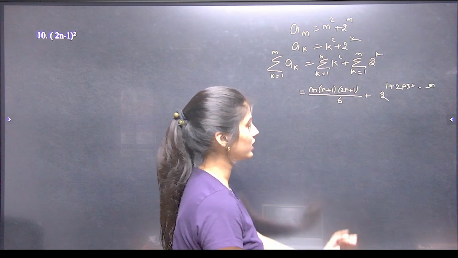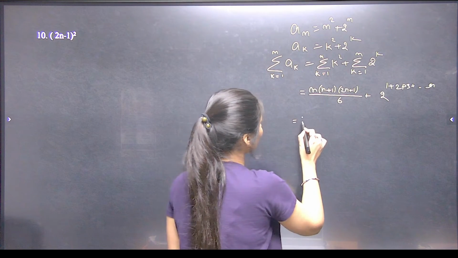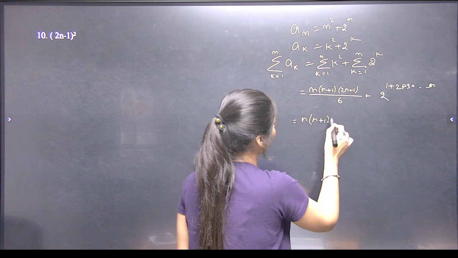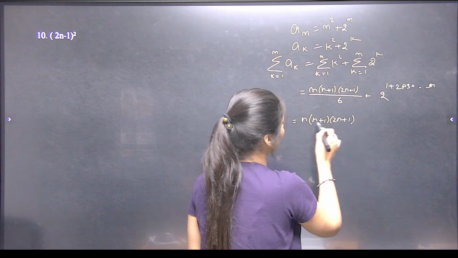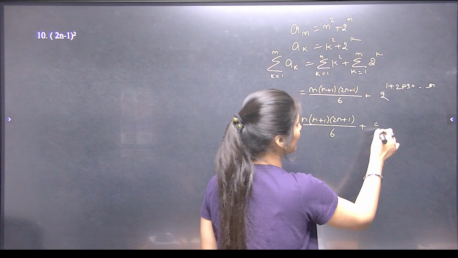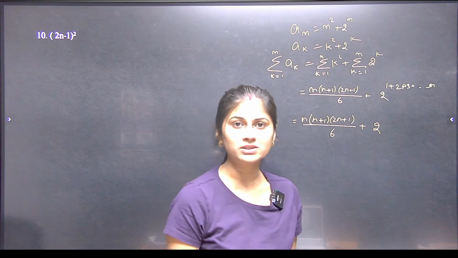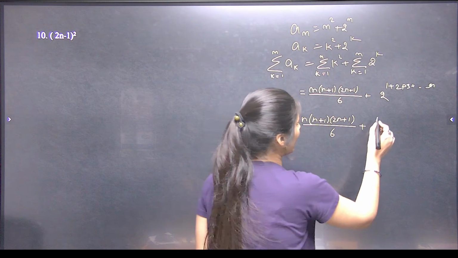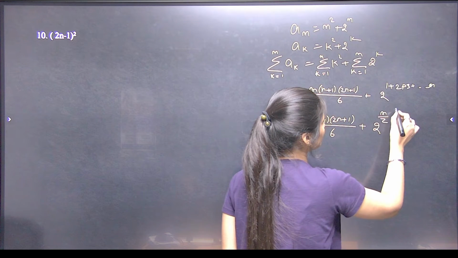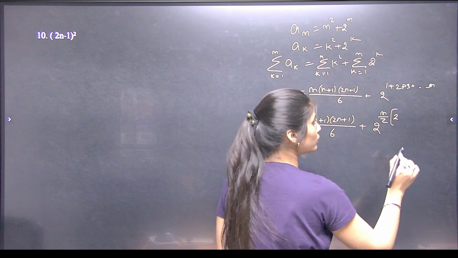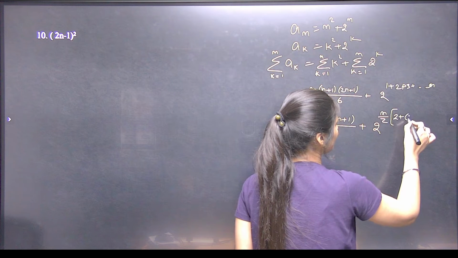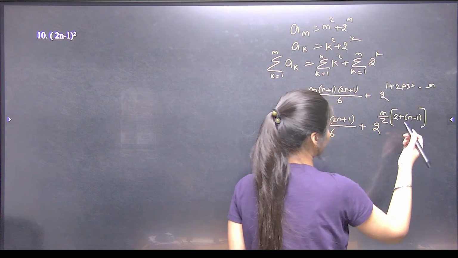Okay, if I put the value of k, then it is n. So at the power of 2, we have an AP. So we have to put the value of sum of n terms of AP. So it is n by 2, 2a plus (n minus 1)d, that is 1 again.